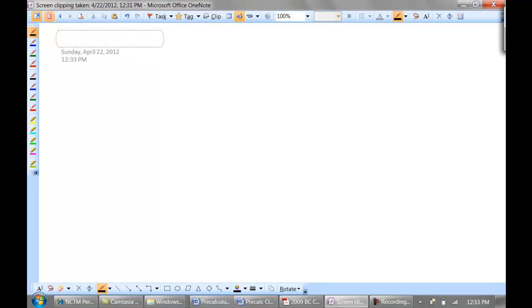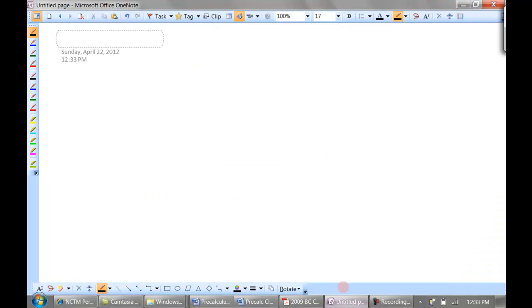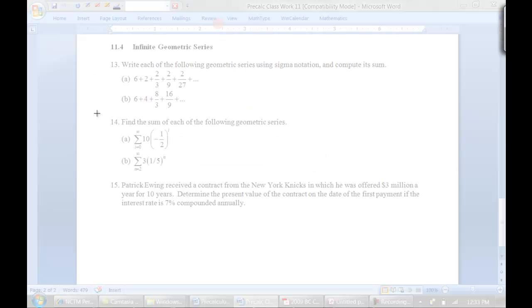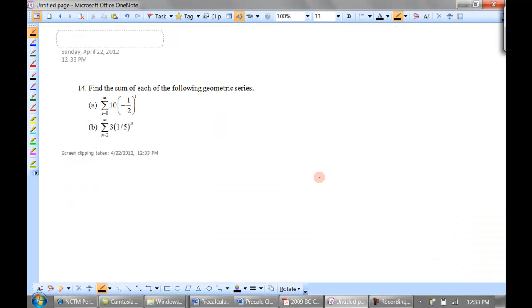let's take a look at maybe another problem. So if I take a look at 14, let's see. Okay, so if I look at 14a, I see that 10, and I have -1/2 to the i, so my first term is when i equals 0.